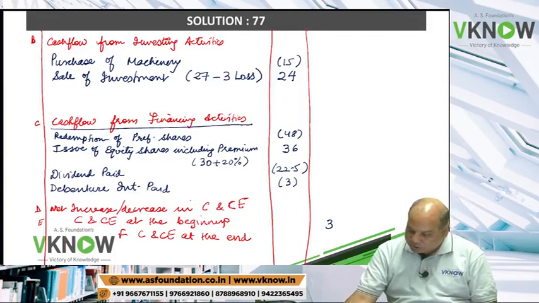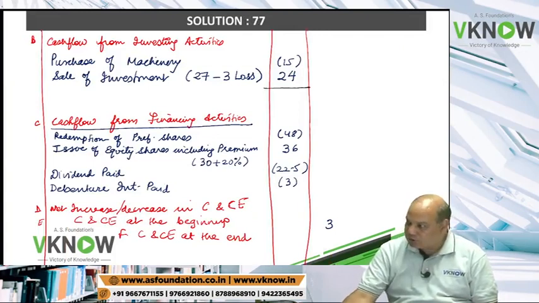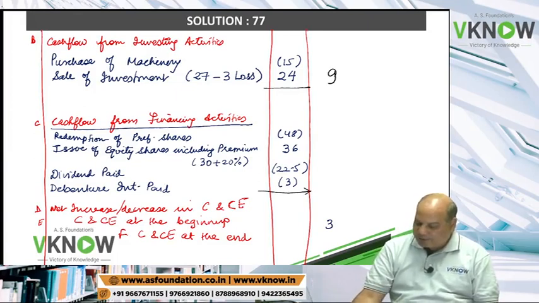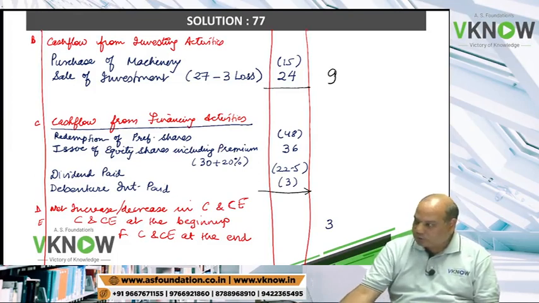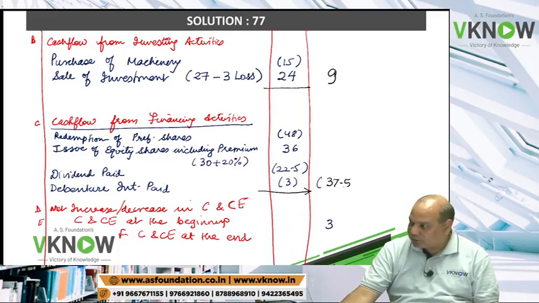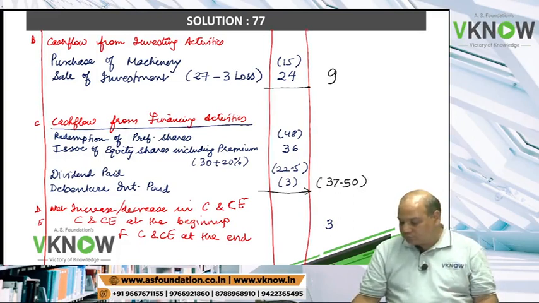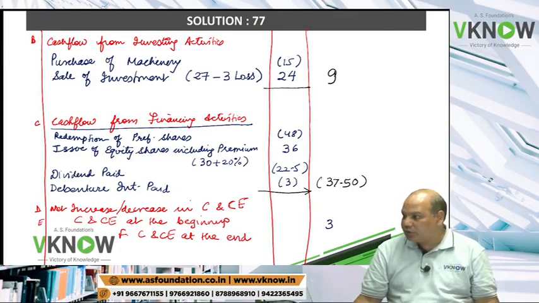And then you take investment activity total. This is positive 9. Financing activity, negative 37.5. Check the answer.